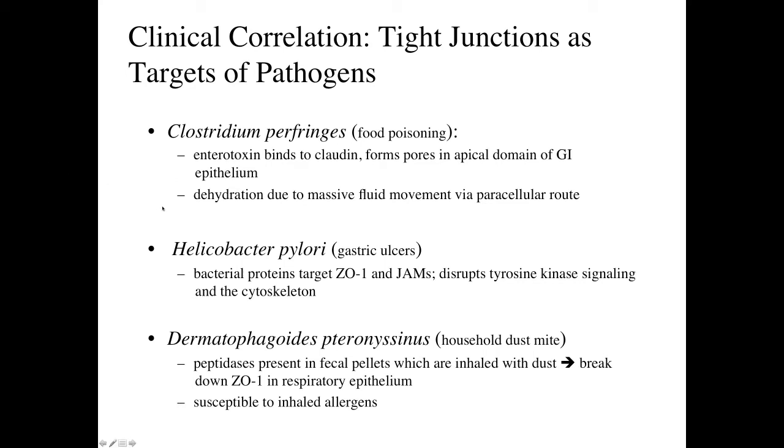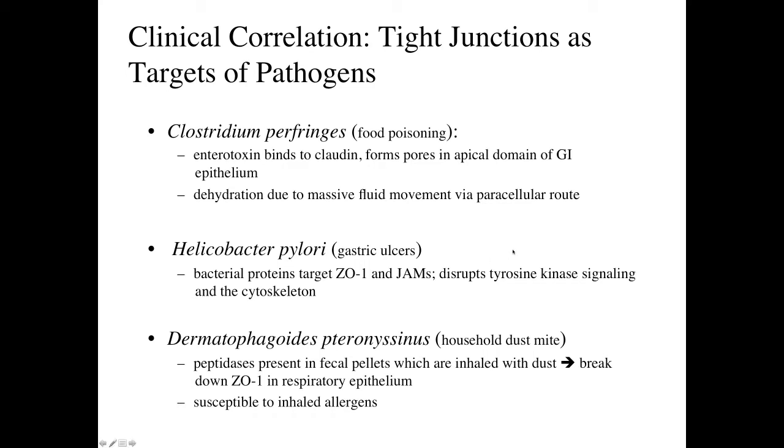The microorganism that causes gastric ulcers, Helicobacter pylori, has proteins that target zonula occludens 1 and various junctional adhesion molecule proteins. This disrupts tyrosine kinase signaling and disrupts the cytoskeleton of these cells.